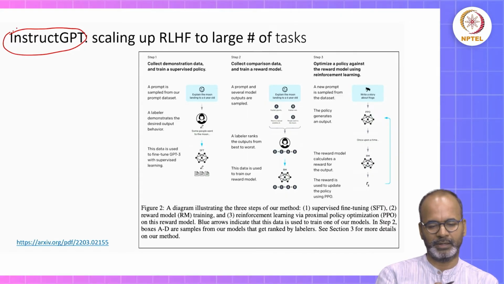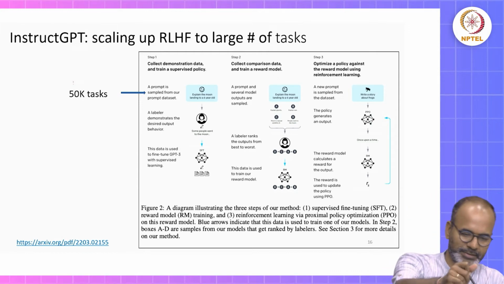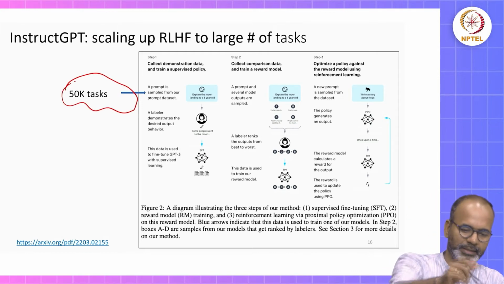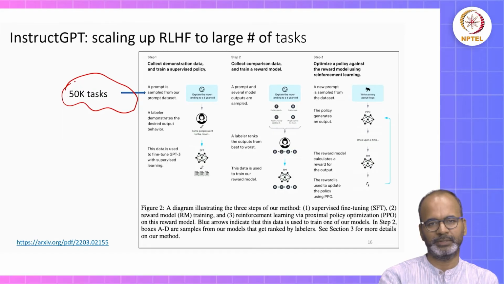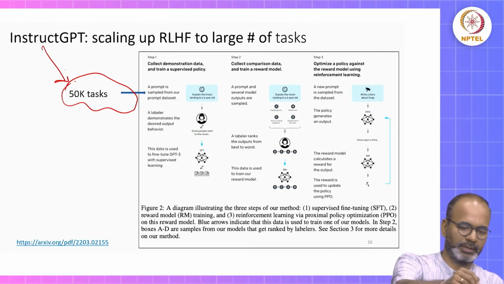Scaling up RLHF for large tasks, same model, but the goal is that, instead of the small set of prompts that we saw before, can you actually make these prompts large? That's what InstructGPT would be.